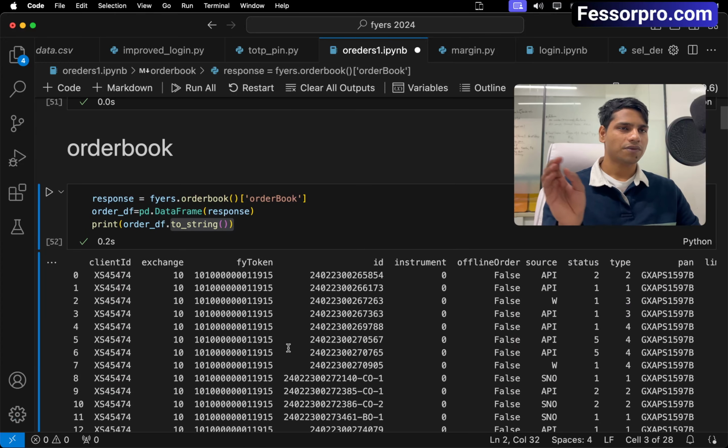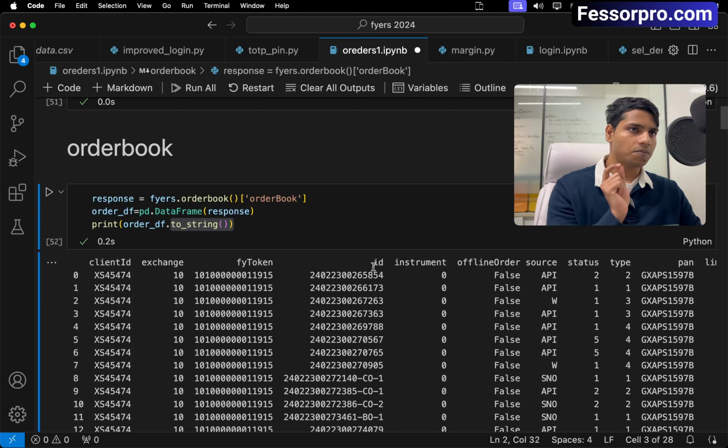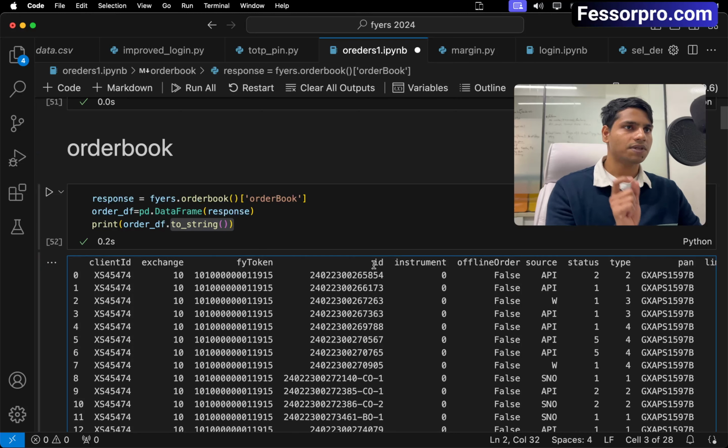Now, there are a lot of columns in this data frame, so I'll tell you which are the important columns. One of the most important columns is the ID column. Why is it important? Because once you place an order, you might want to modify the order or cancel the order, right? Without this order ID, you cannot do any of these things. So this is the most important. Then we have limit price, which is also important.